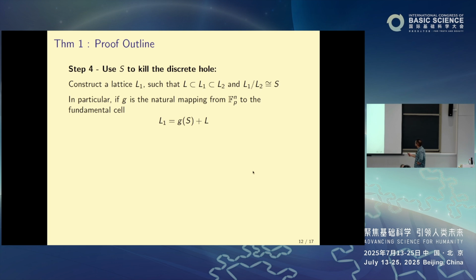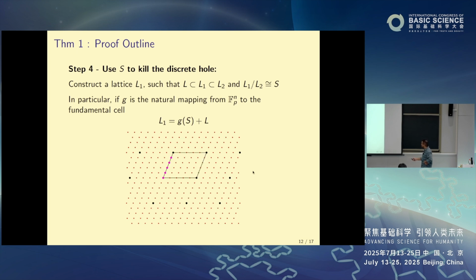And L1 modulo L2 is equivalent to S. In particular, what we do is the following. G is the natural mapping from Fp to the N to the fundamental cell. And we construct L1 by taking G applied on the subspace S and adding it to L. Always easiest to understand with a picture.